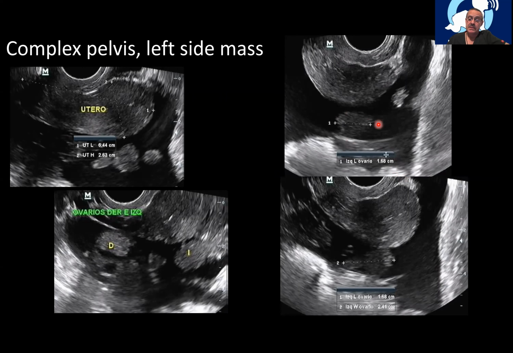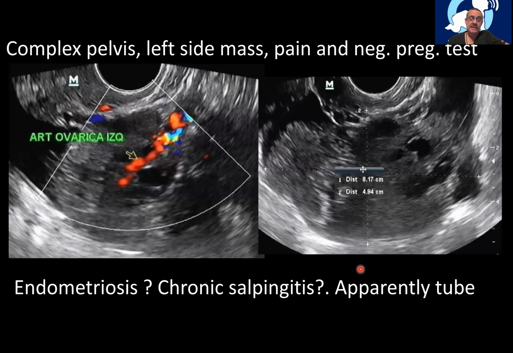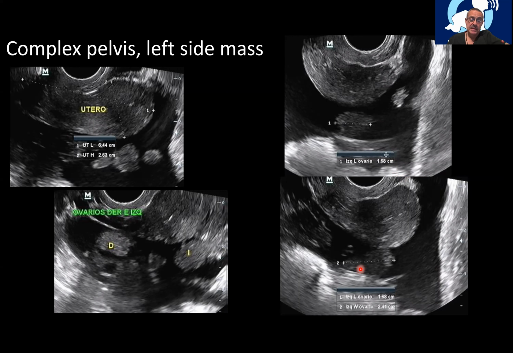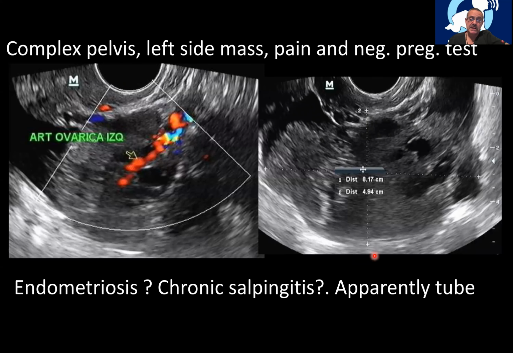This is another mass, left side, complex, behind the ovary. Here, see? Those are the ovaries. There's a mass behind the ovary, besides the ovary.